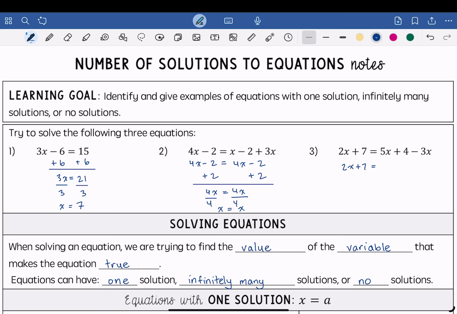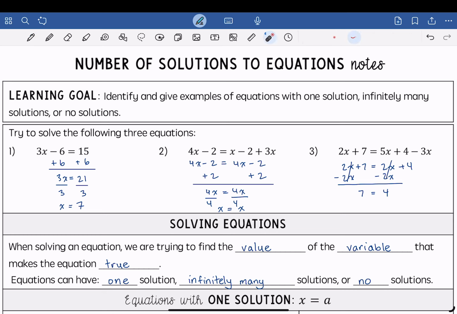5 minus 3 is 2x plus 4. So I'm going to group the terms with the x's on the left side. Subtract 2x, subtract 2x. And you can probably notice we're going to eliminate the x's again. So we have 7 is equal to 4, as the x's have been eliminated.